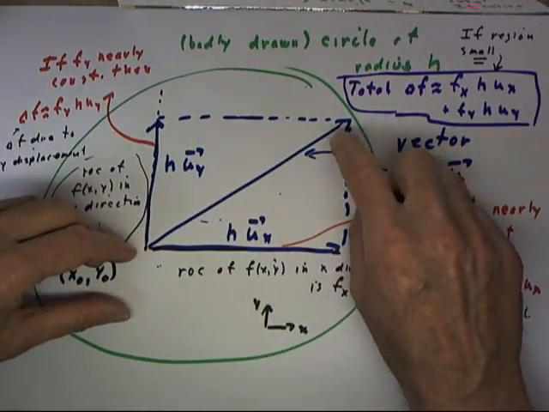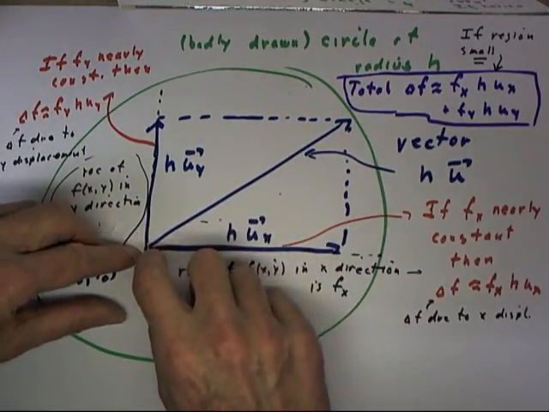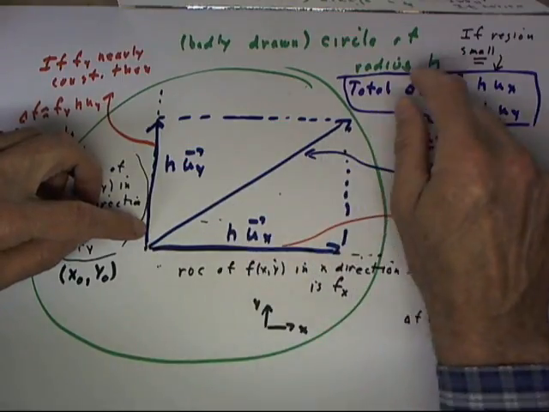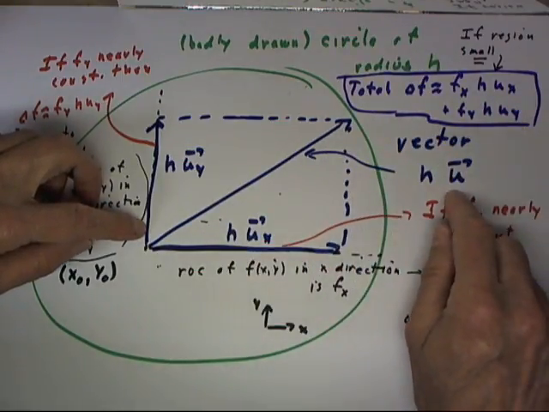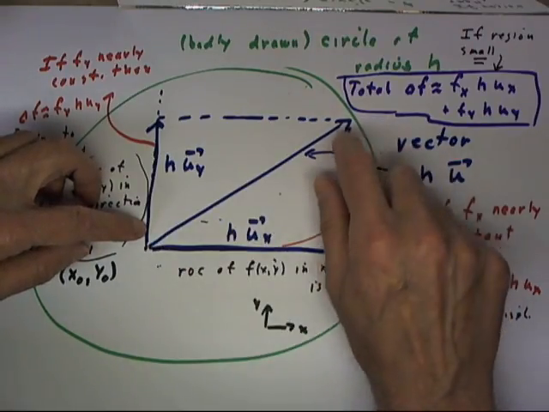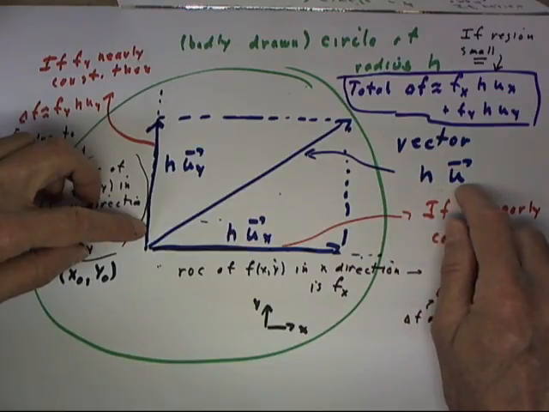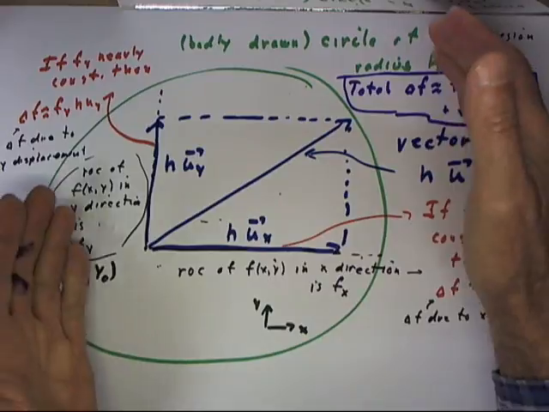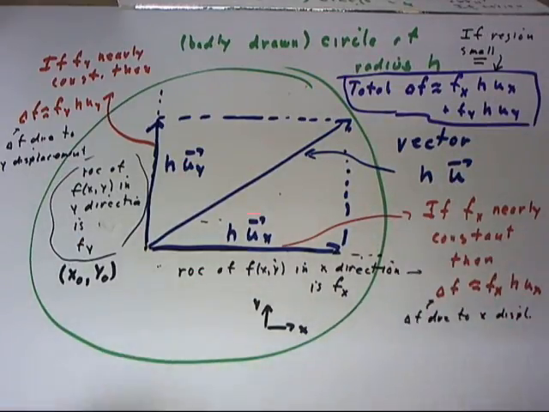Now, this vector that goes from x naught, y naught out to the circle has magnitude h in the same direction as u. U being a unit vector, that means that this vector here will be h times u. We're maintaining the same direction as before, but shrinking the vector down to magnitude h.